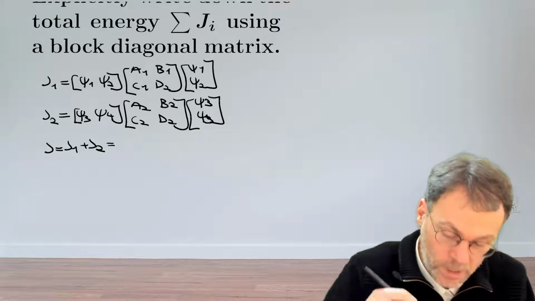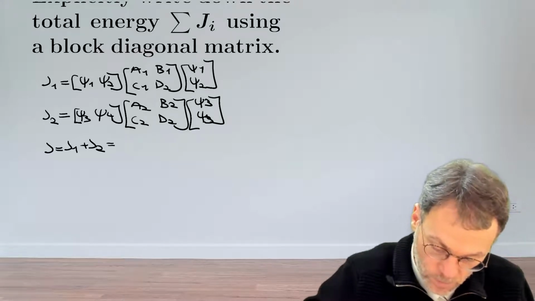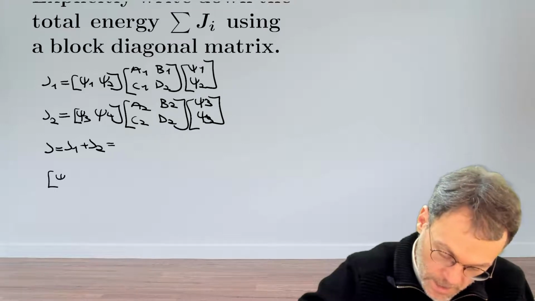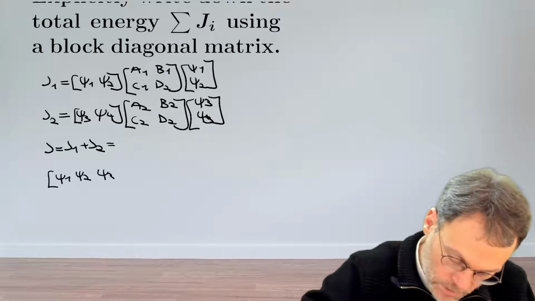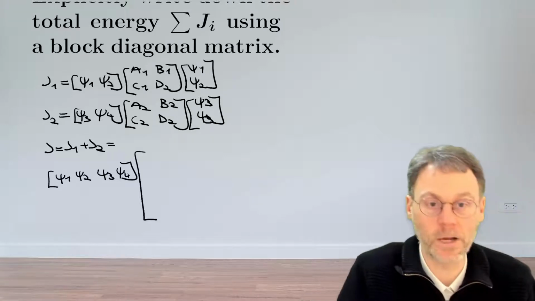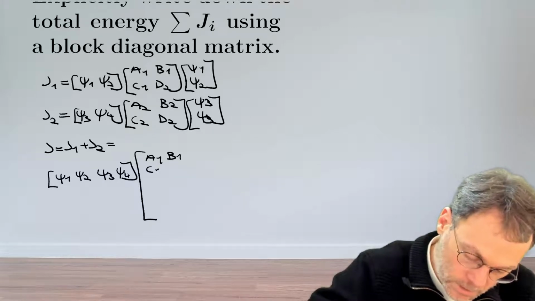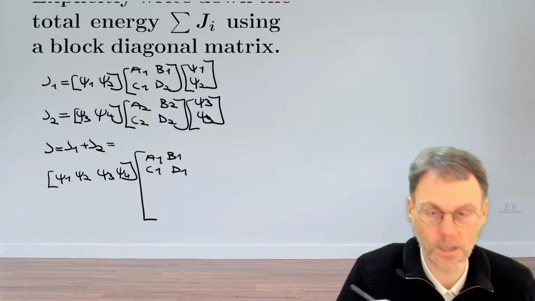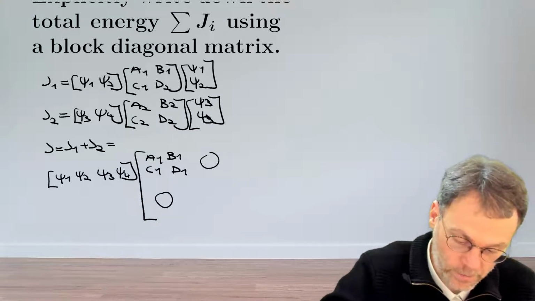And that you can actually write as a bigger matrix involving blocks. So for example, you can write this as a row vector, psi1, psi2, psi3, psi4, times a much bigger matrix, A1, B1, C1, D1. And then in the top right, we have zeros everywhere. We also have zeros everywhere over there.